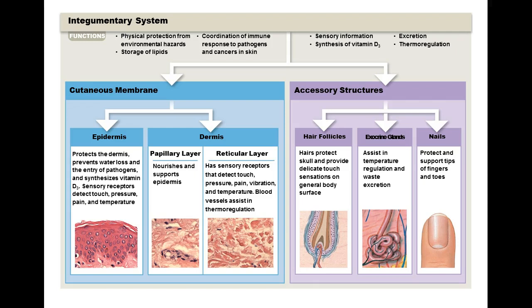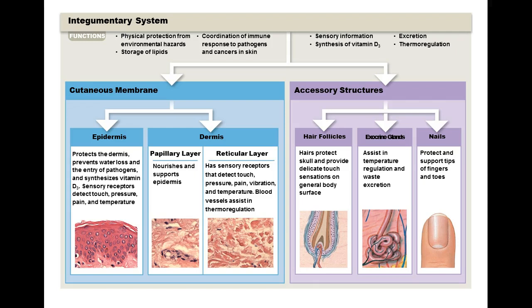This particular layer, the papillary layer, is going to be the layer that nourishes the epidermis, because the epidermis is epithelial cells, which are avascular, and so there's no blood flow to them. That means no nourishment's coming to them. This is the layer that actually supports and nourishes the epidermis.